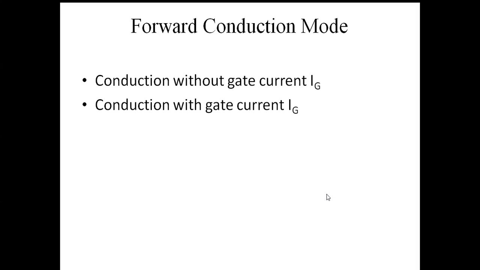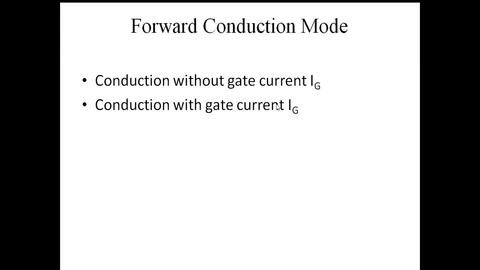Forward conduction mode. This conduction mode in the forward direction will be explained in two manners. The first one is forward conduction without gate current. The second case is forward conduction with gate current. In most practical applications, we use the second one, the conduction of the SCR with gate current.